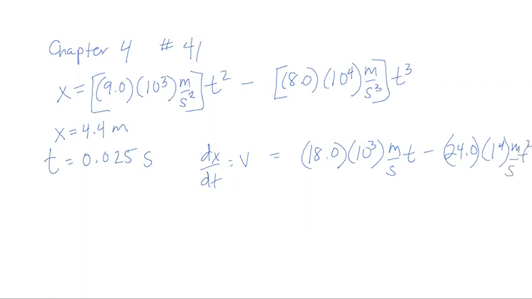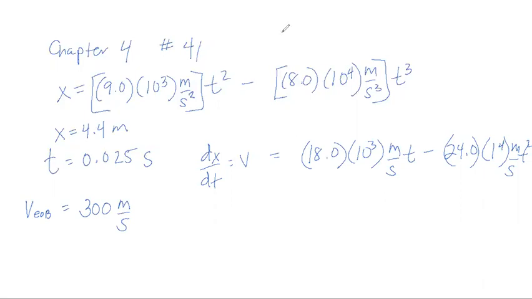If I put in my value of 0.025, I get v at the end of the barrel of 300 meters per second.